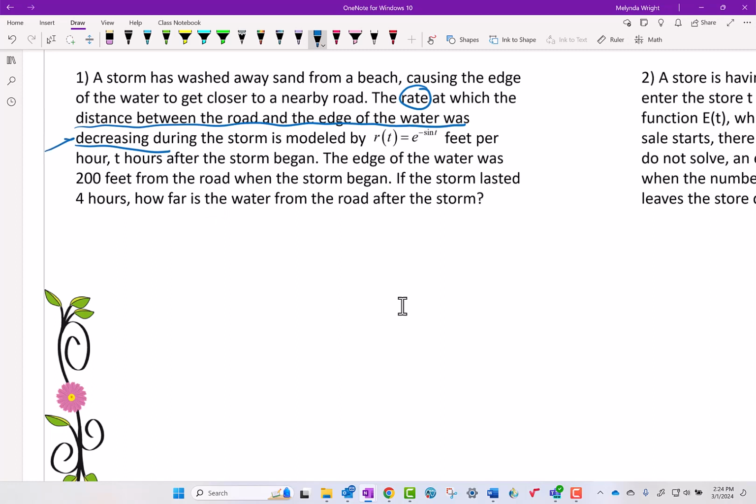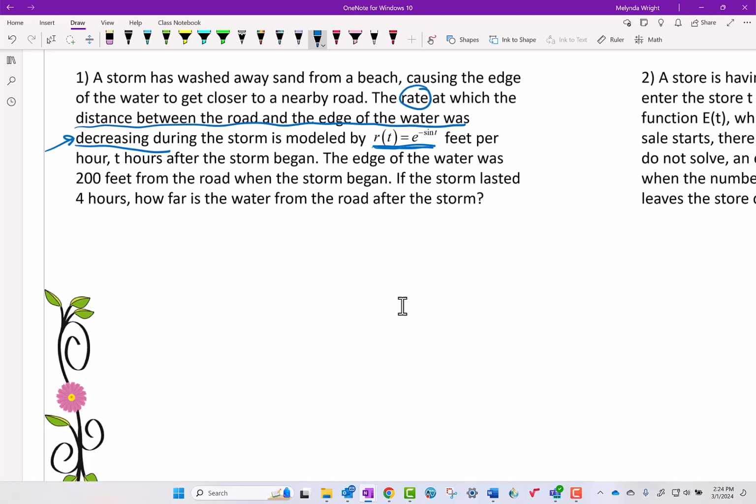And this is important, they're saying it's decreasing. And this is the equation for our rate. It's in feet per hour, t hours after the storm began. The edge of the water was 200 feet from the road when the storm began. If the storm lasted 4 hours, how far is the water from the edge of the road?